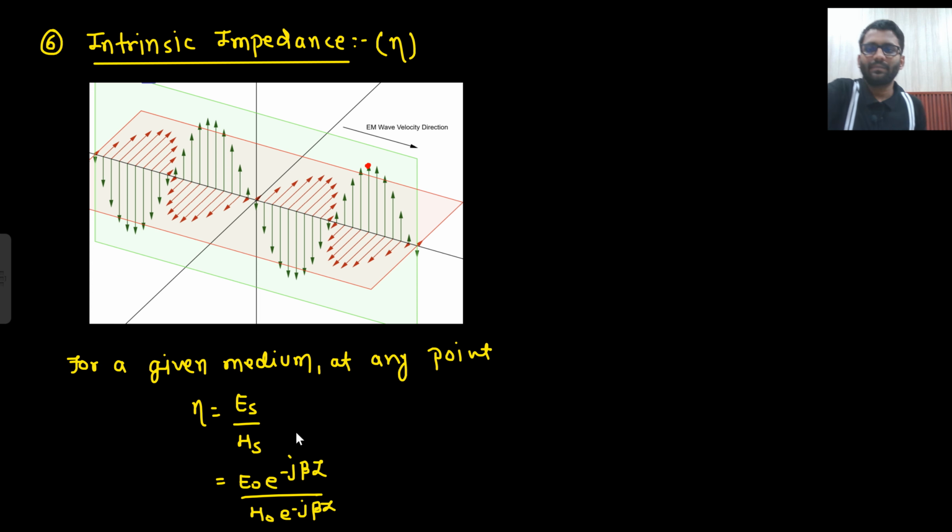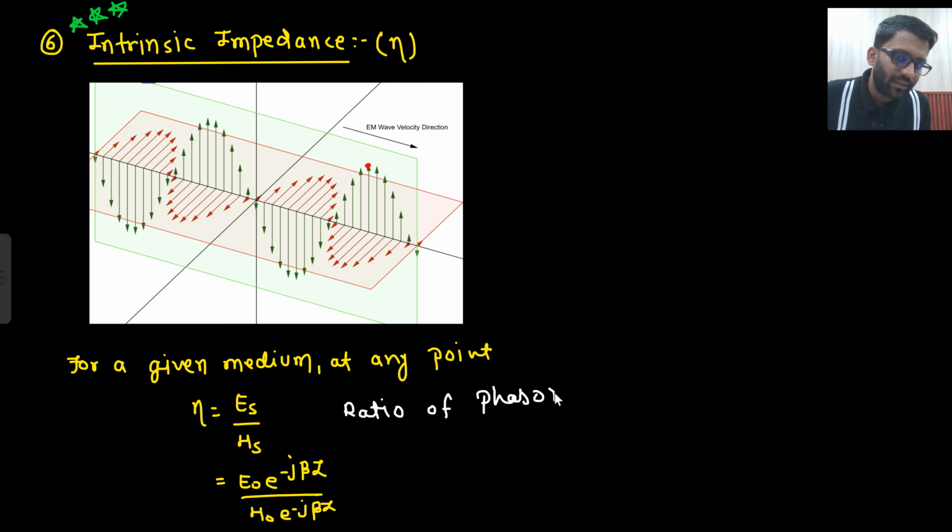Now there is some term called intrinsic impedance, very important term. So what is the meaning of intrinsic impedance? Intrinsic impedance is the ratio of the phasor representation of electric field to the phasor of magnetic field.